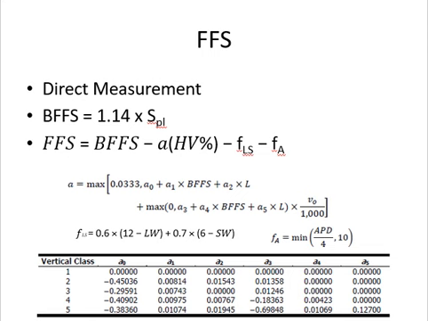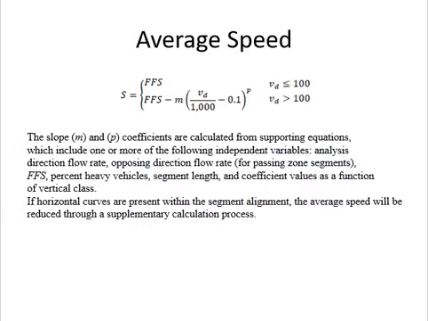Then you come to this table and you will see what your A0, A1, A2, up to A5 are. This is what you need to do to find out the free flow speed if you do not measure it directly from the field. Clear till now?